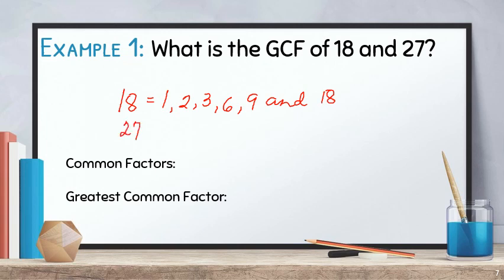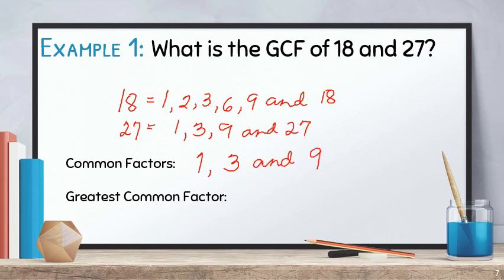How about the factors of 27? So we have 1, 3, 9, and 27. After listing all the factors of 18 and 27, look for their common factors. Based on the list, their common factors are 1, 3, and 9.